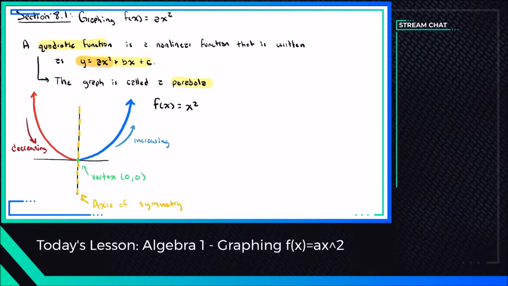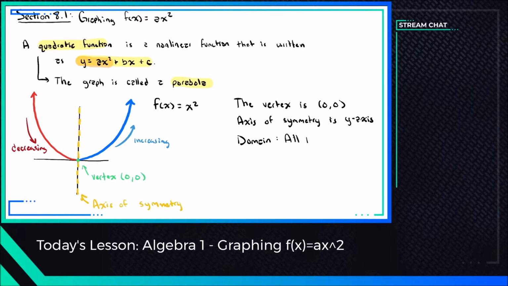Here's some nice information to know. The vertex, once again, is 0, 0. The axis of symmetry is the y-axis. The domain of this function, or the x values, what x can be, is all real numbers.